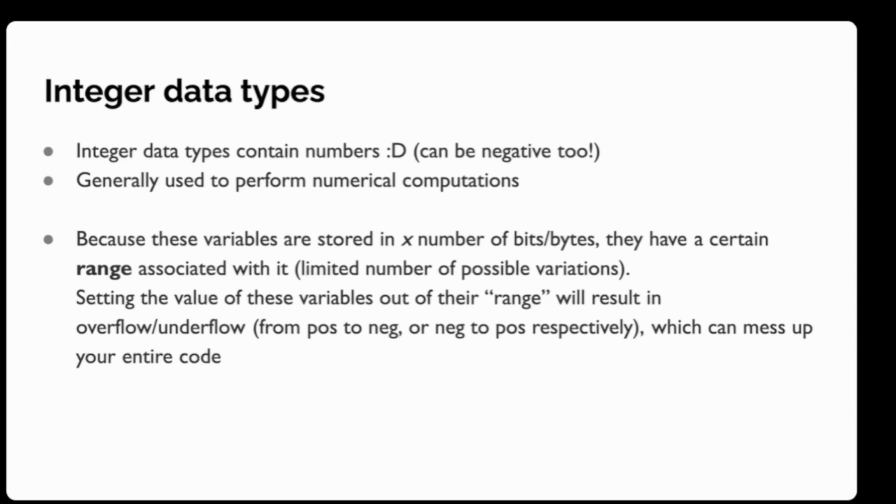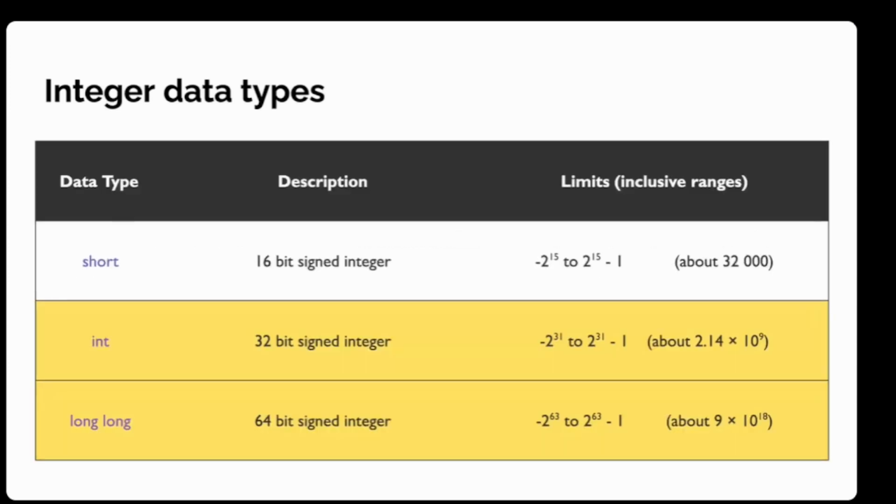The thing about integer data types in C++ is that they store your data in a certain number of bytes or bits that have a certain range associated with it. So there are 16-bit integers, 32-bit integers. And if you set the value of these variables outside this range, it will result in overflow or underflow. So it'll just go haywire. You don't want that, basically.